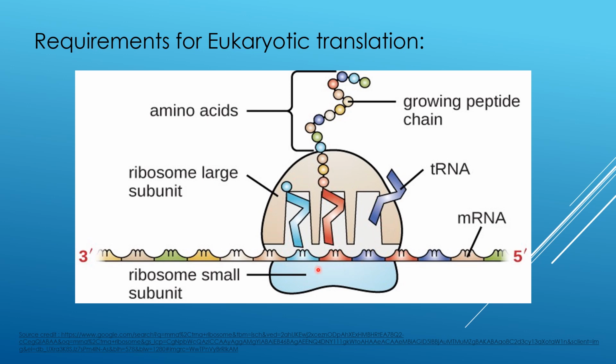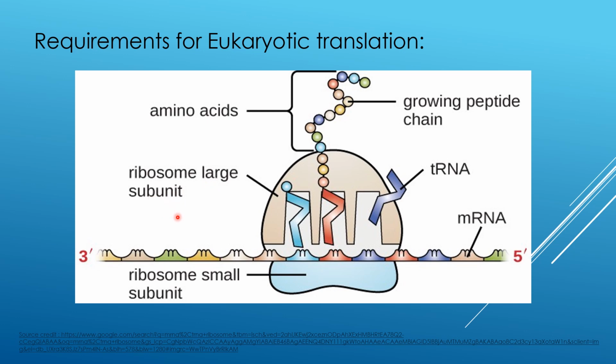So ribosome is involved in eukaryotic translation, and tRNA. This is the tRNA which has a growing polypeptide chain on it. These are made up of amino acids. This is another requirement, so amino acids are also required. You require tRNA, mRNA and ribosome, small subunit as well as large subunit.